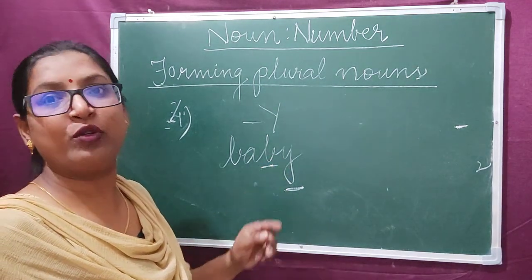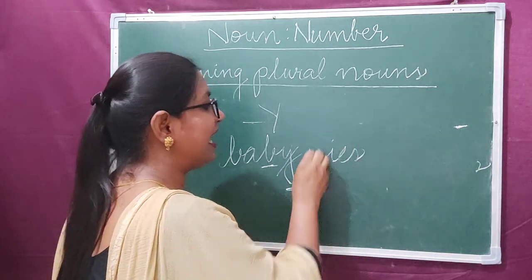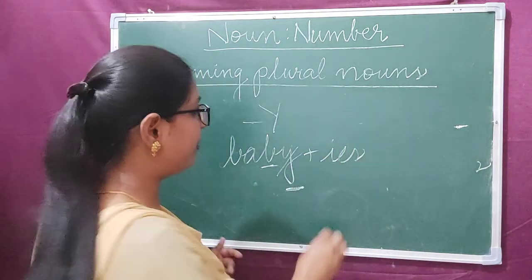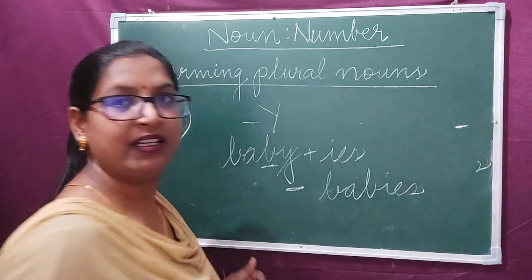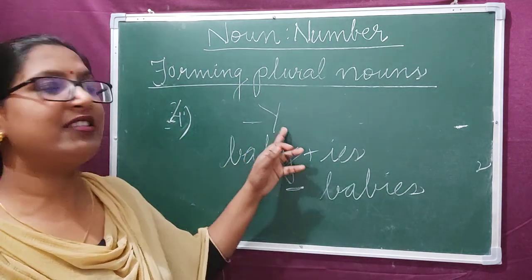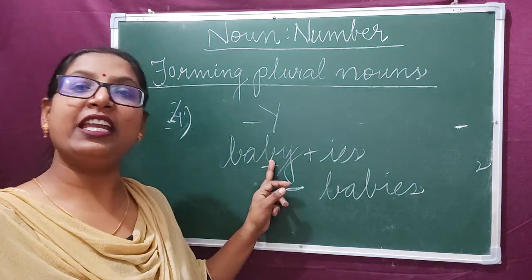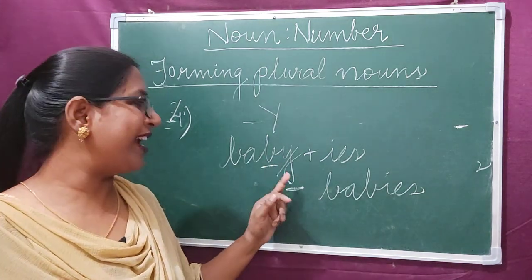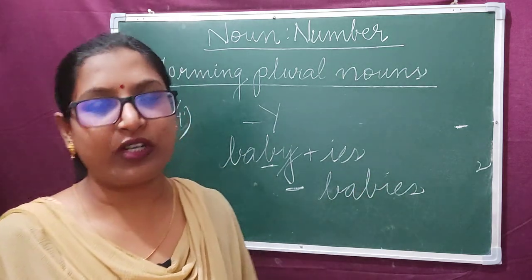For making it plural, Y will be changed into IES. Clear? And the plural form will be babies. Understood? So dear children, whenever your noun is ending in Y and before Y any consonant takes place, Y is changed into IES to make it plural.